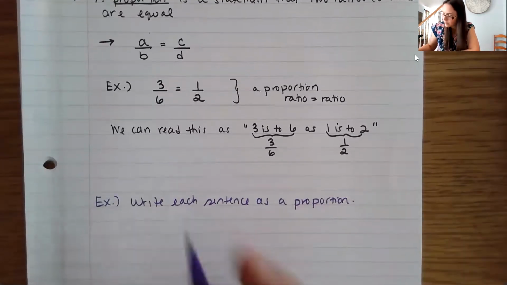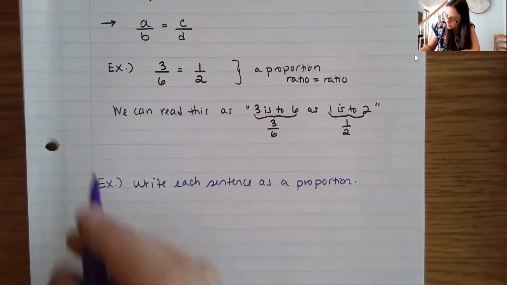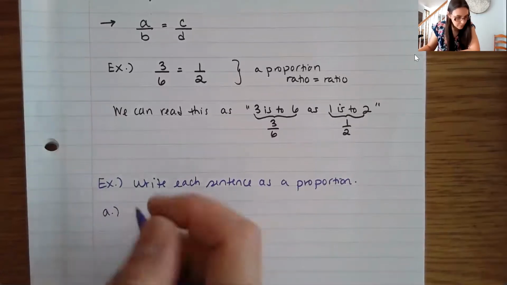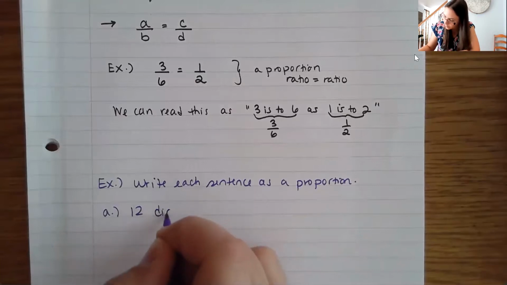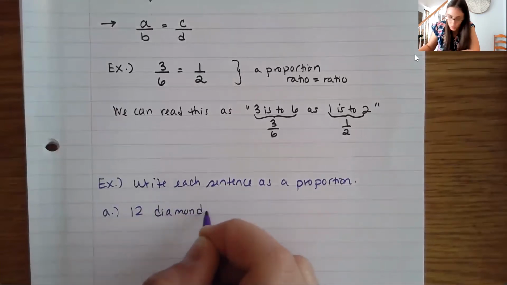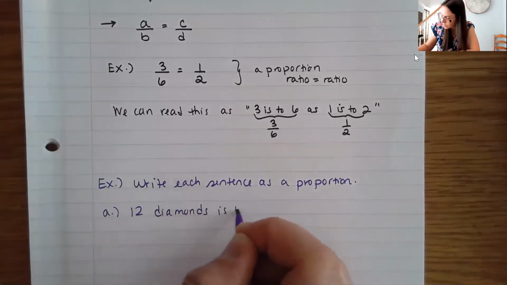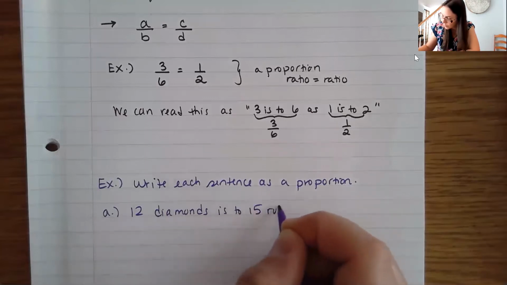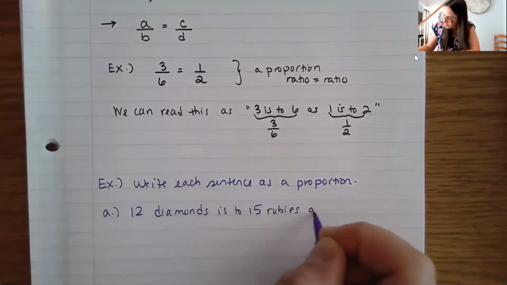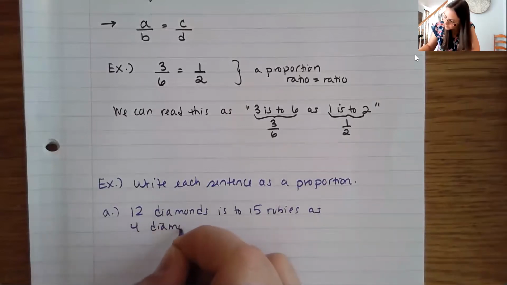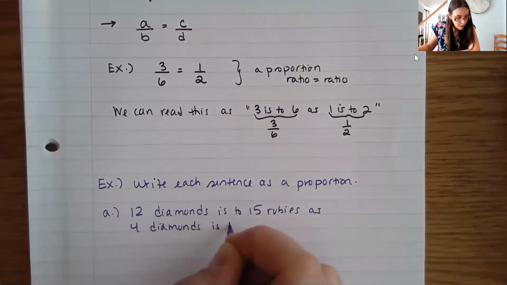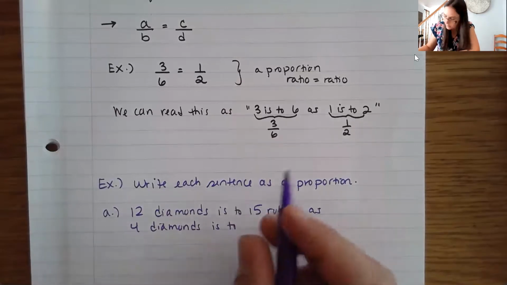Write each sentence as a proportion. So let's do one example here. 12 diamonds is to 15 rubies as 4 diamonds is to 5 rubies.